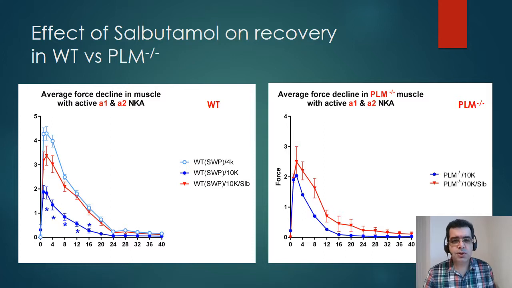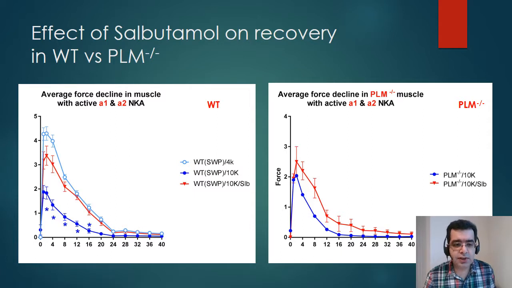So what is shown in these graphs is the force generated by muscle over time. The y-axis is force and x-axis is time in seconds. These are dissected muscles treated with different conditions and then stimulated at 60 Hertz over 1 minute.